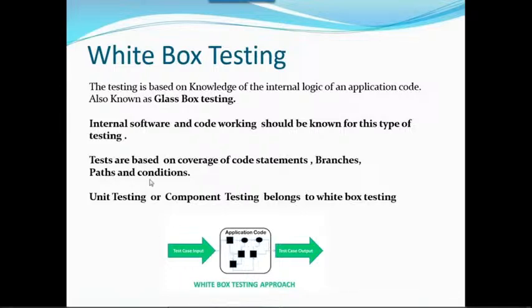See, the testing is based on the coverage of code statements, branches, paths and conditions. The developer always tests all these things: whether the code statement is working correctly or not, branches are working correctly or not, paths are working correctly or not, conditions like if conditions, all the things are working correctly or not. So generally, we can call it unit testing.